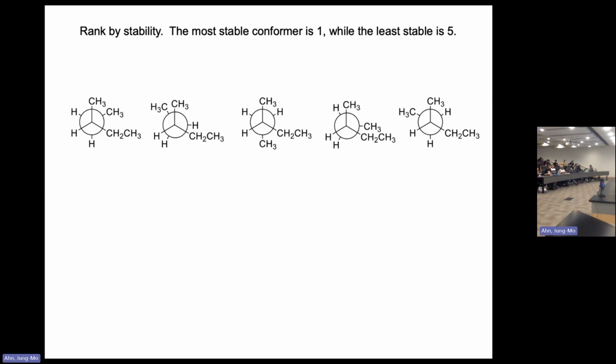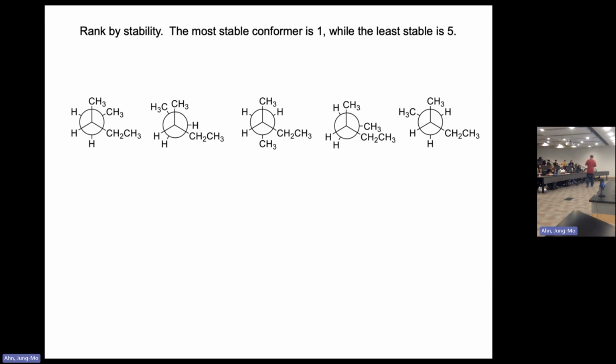So what you need to see here is, well, look at that one. That is 3 bonds this way, and the back one that way. Is that the eclipse one or staggered? That's a staggered. What about this one? I know the drawing can be funny, but we got pretty close here. We're trying to draw the eclipse. So that's the eclipse conformation.